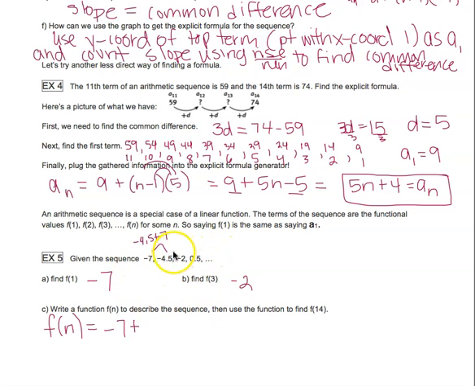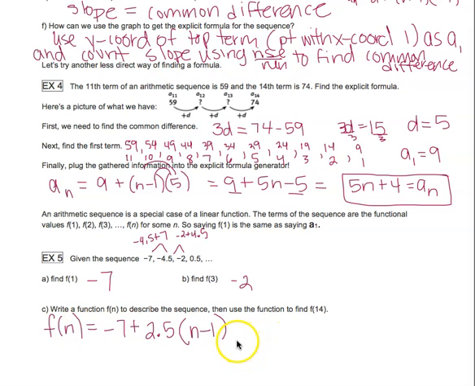And then we'll check it by doing the next one. -2 plus 4.5 is also 2.5. So we've confirmed it. So 2.5, and it's okay to use a decimal because there are decimals in the original problem, times n minus 1.